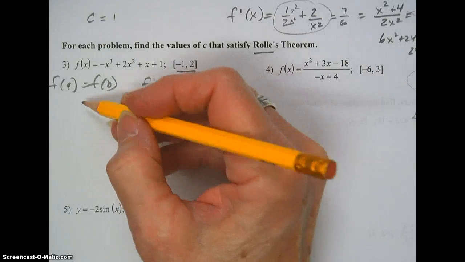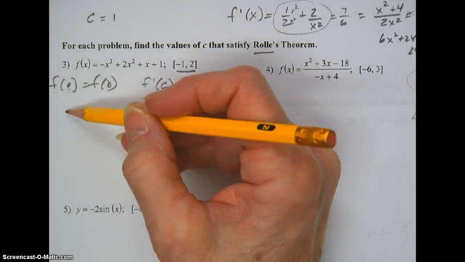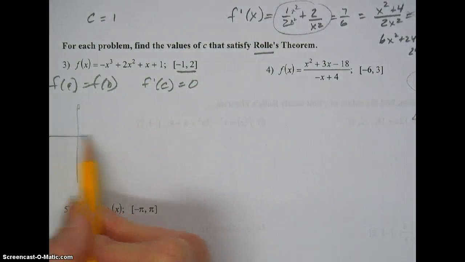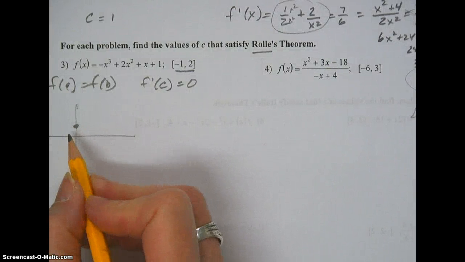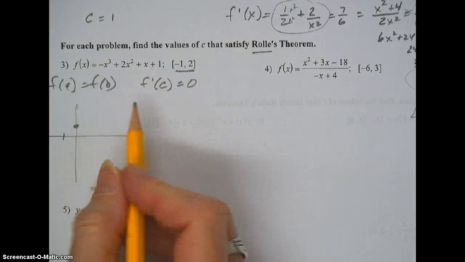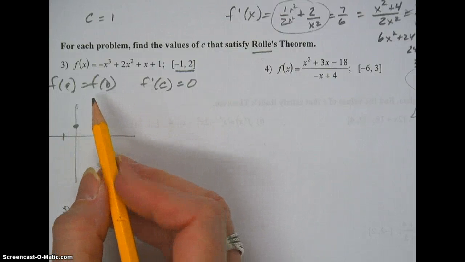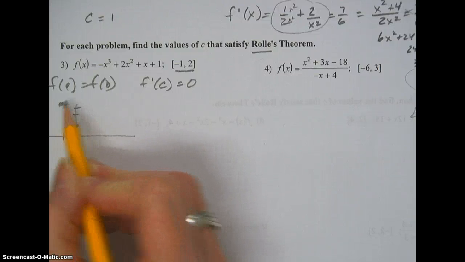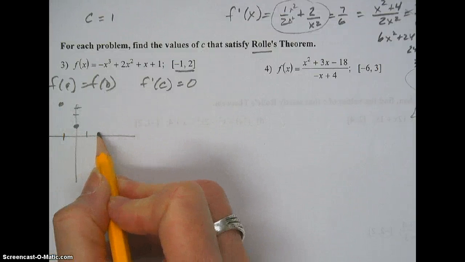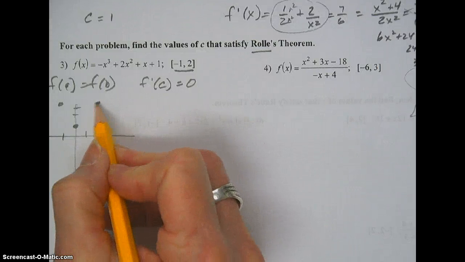Okay. So again, looking at this, we might graph this real quickly. If I put in a 0, I get a 1. If I put in a -1, I think I get a 3. If I put in a 2, I get a 3 as well.